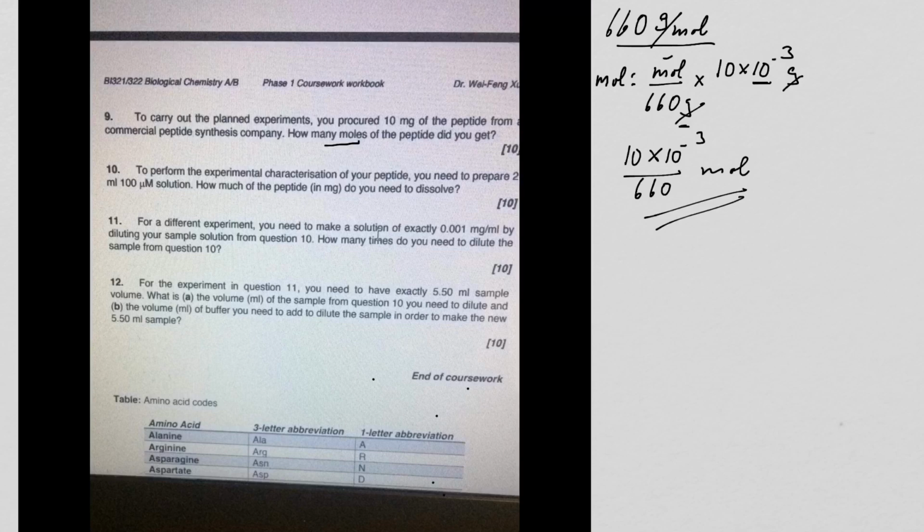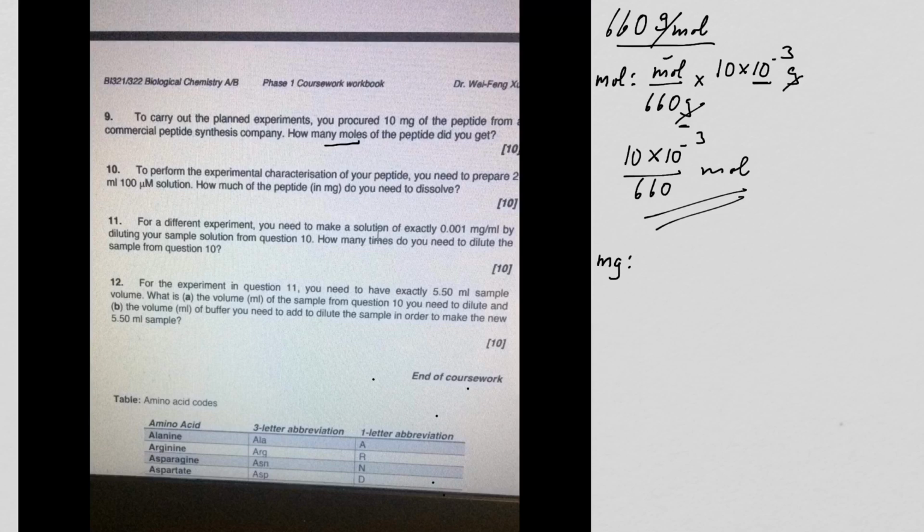Question 10 asks us how much of the peptide you need to dissolve. So we are looking for milligram. We know that 1,000 milligram are in 1 gram.